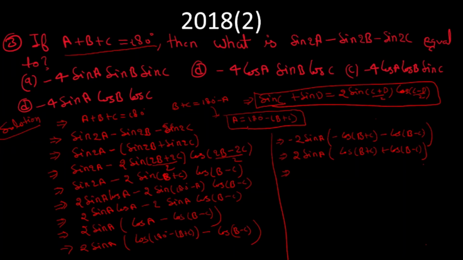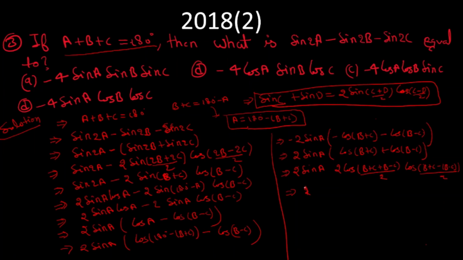Okay, here we get 2 sin a, and I will apply the formula for cos c plus cos d. So that is 2 cos of c plus d, which means (b+c)+(b−c) by 2, and cos of c minus d, which means (b+c)−(b−c) by 2. So here we get 2, and there is minus already.